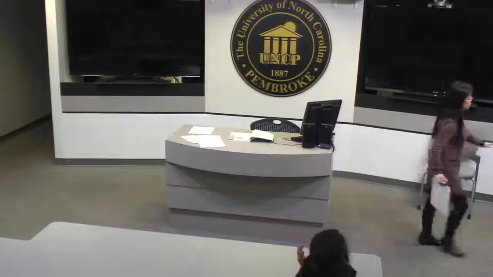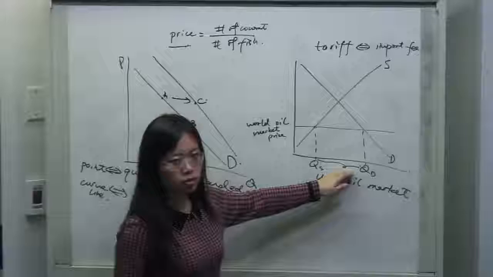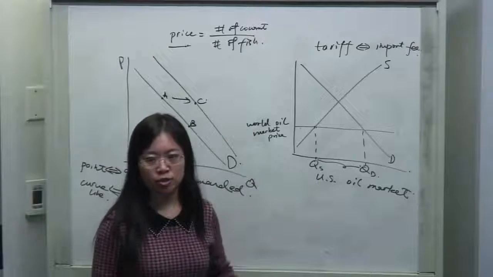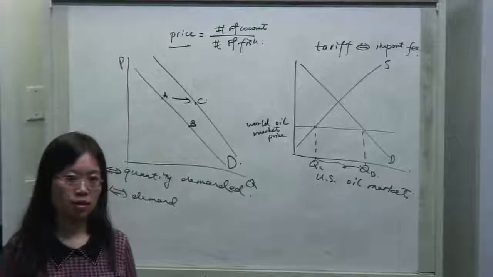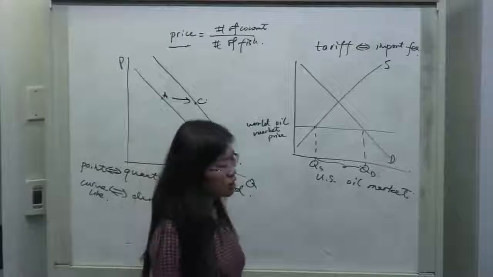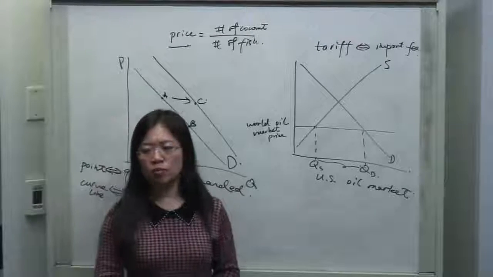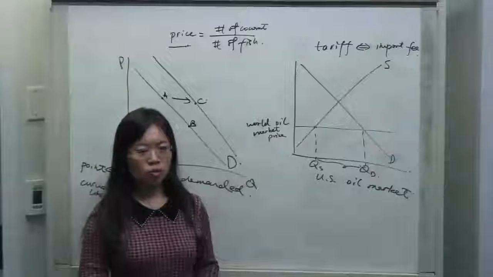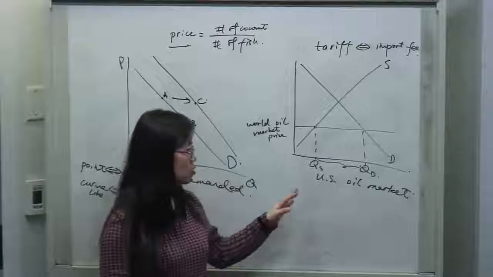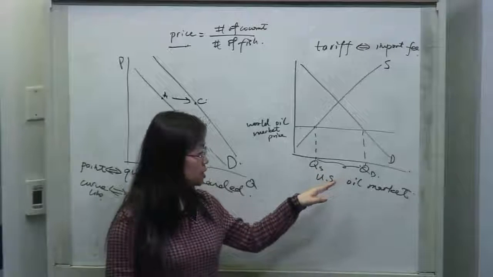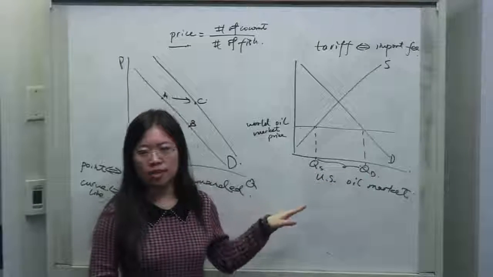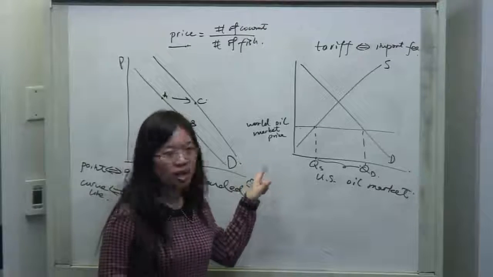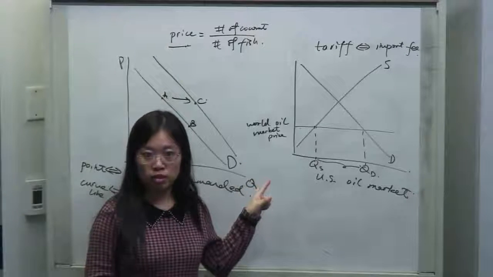This shortage will be supplied from outside the U.S. market. We've been talking about this; it's been a big debate over the last decades. The United States wants to be independent on oil. They don't want to rely on foreign oil, right?